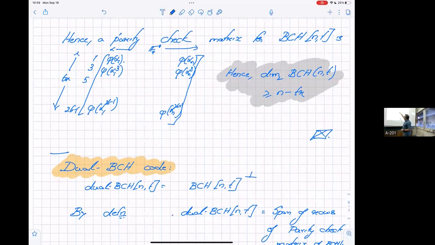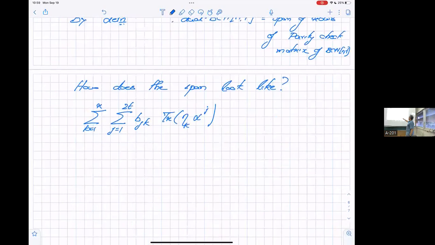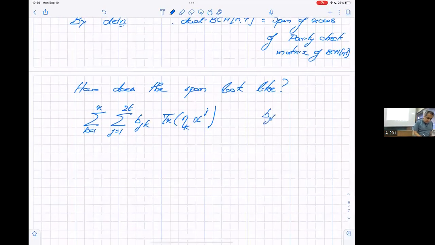I take a linear combination of the 2tr rows. For each row I have to decide whether to put it in or not, and that's basically this number b_jk. There are 2tr possible rows, and b_jk tells you whether I'm putting it in or not, where the b_jk are in {0, 1}. So any element in the span looks like this.